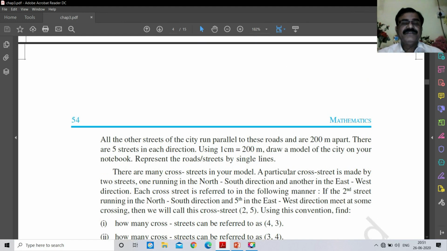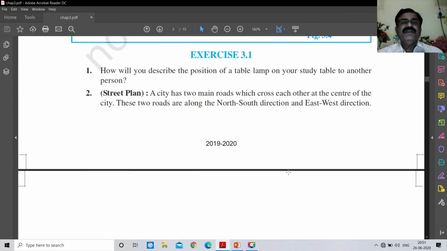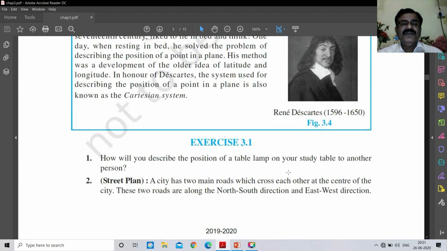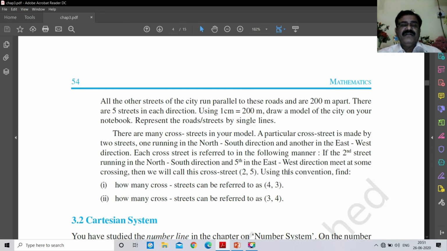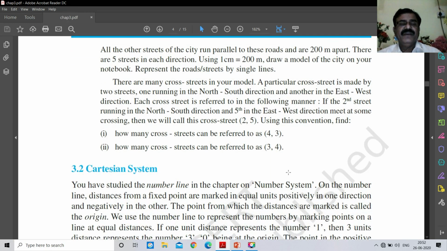Now students, by knowing and understanding these Cartesian systems, we can allocate the values of a specific point, which are called the coordinates of a given point. Now you see the Cartesian system.